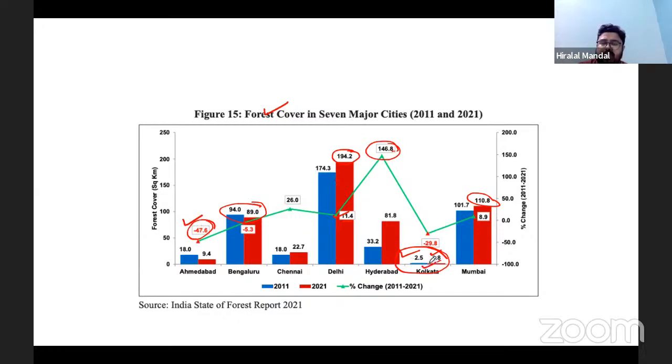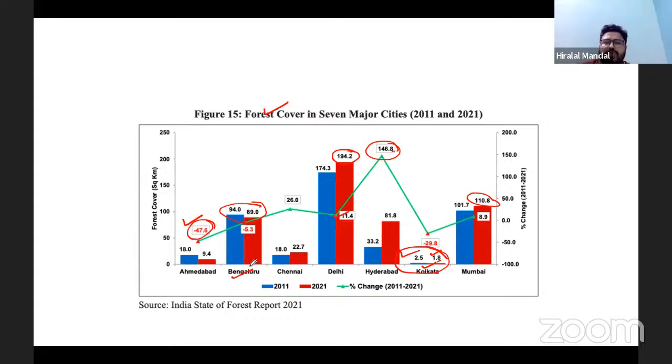Similar is the story with Kolkata, which has seen 29.8% negative growth. All right. So that's the problem. Also Bangalore, of late, is on the radar, because it is slowly losing its forest cover. In fact, it is also slowly losing its status as a garden city. So that's the story of Bangalore.